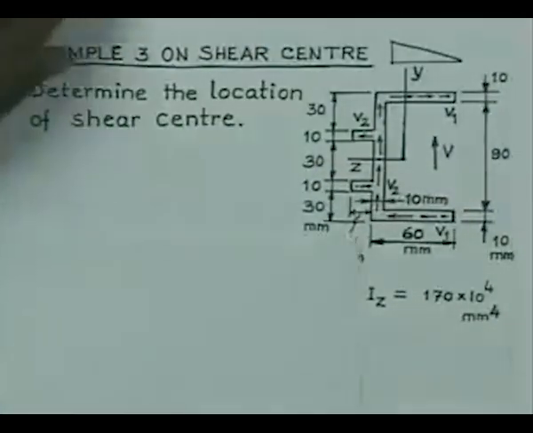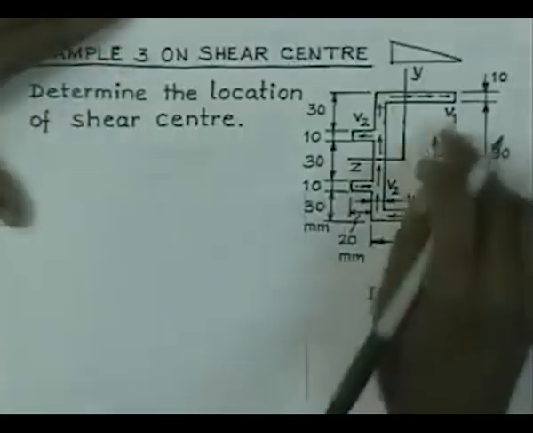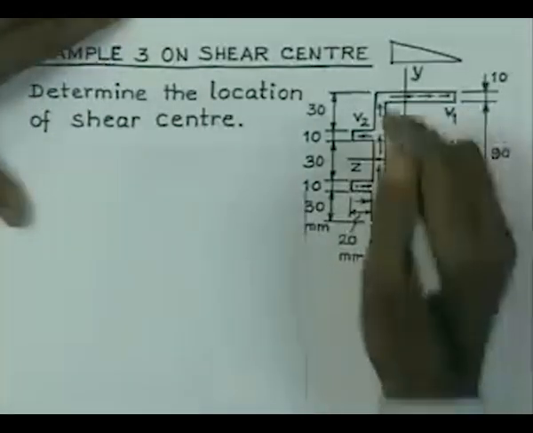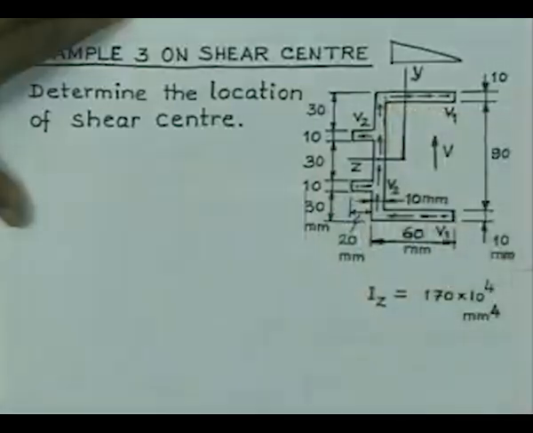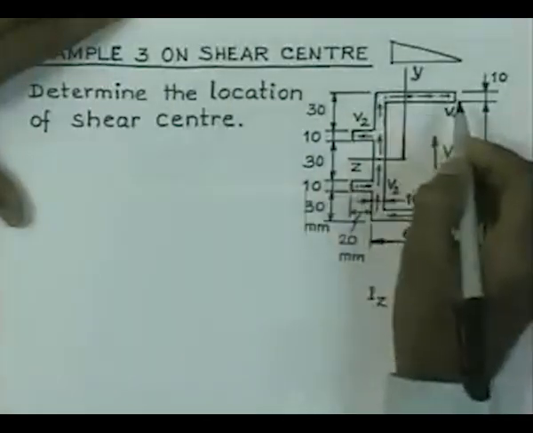So, let us now find out what is the maximum shear stress. So, if you consider this particular point here, which is at a distance of 50 from this edge.